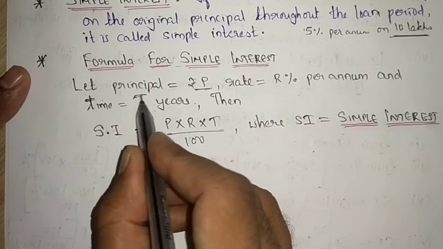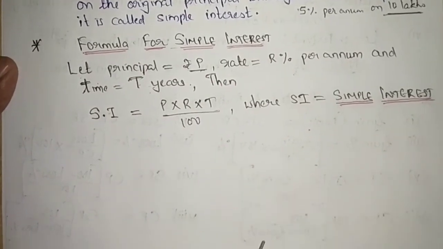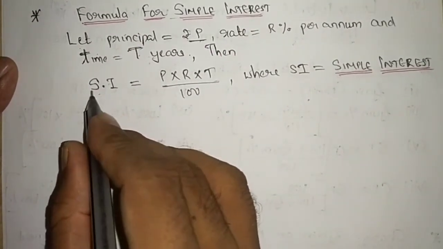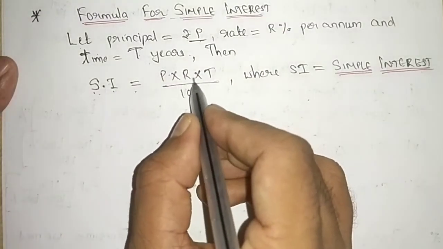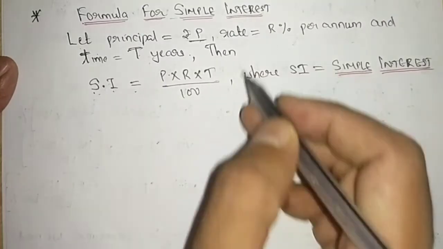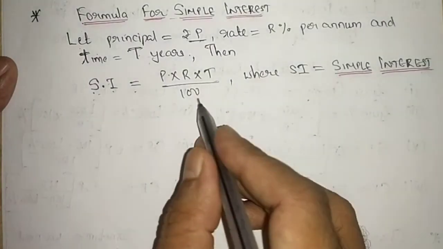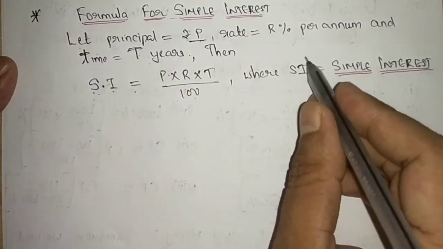So simple interest is equal to principal into rate of interest into time, divided by 100.